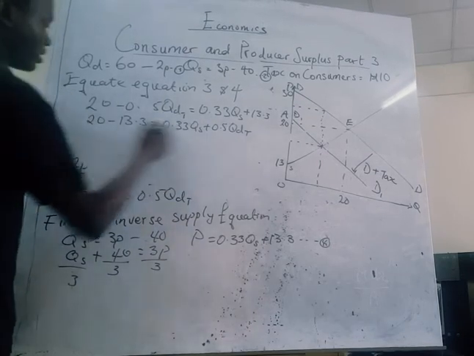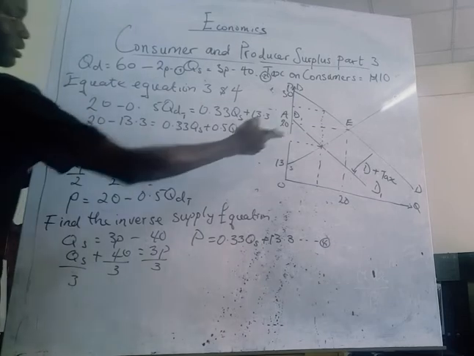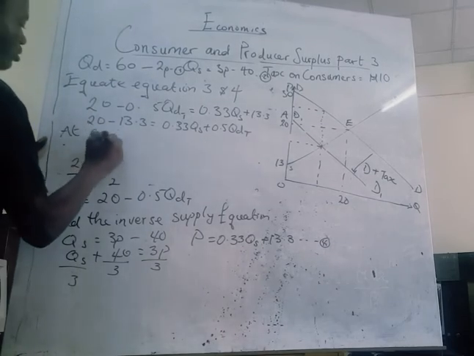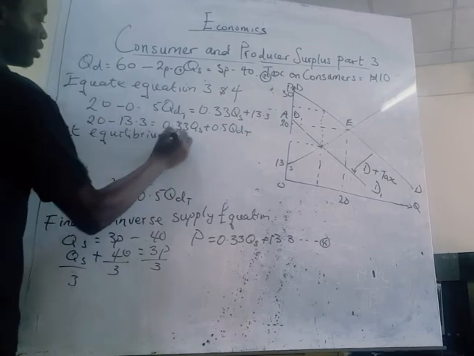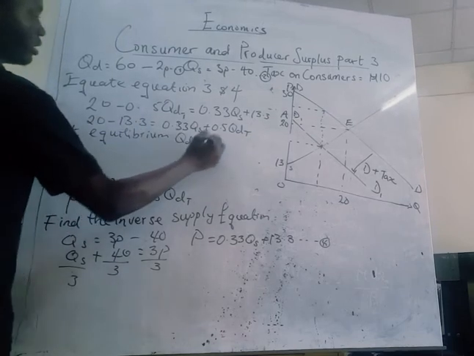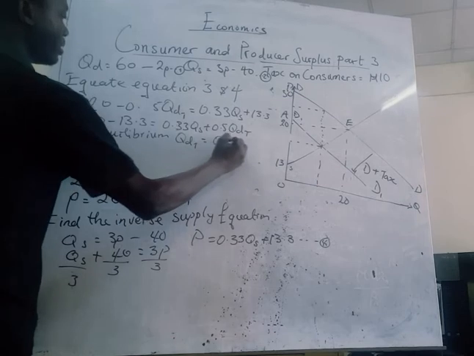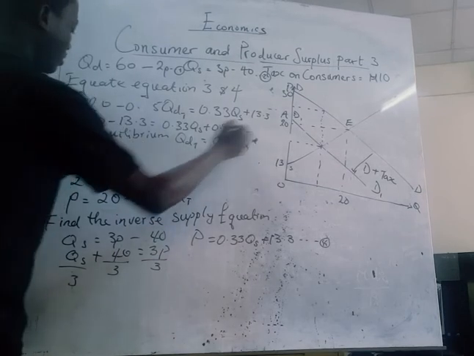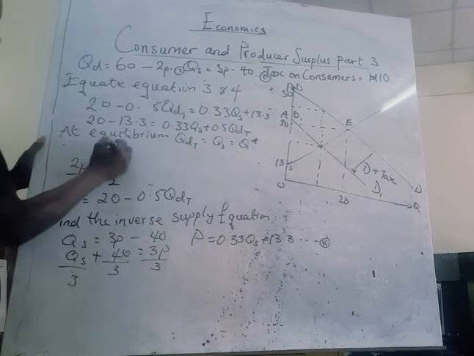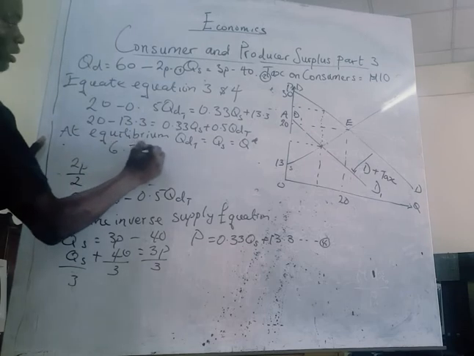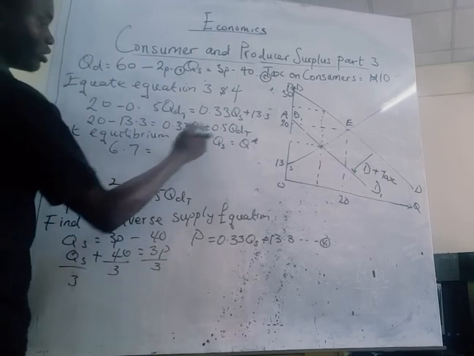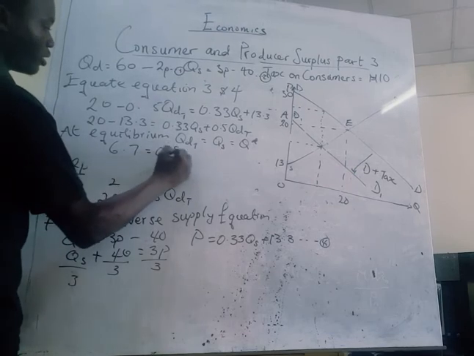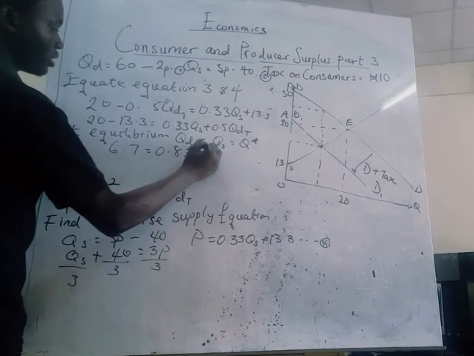At equilibrium, Qdt equals Qs, and that equals Q star. So we use Q star henceforth. We have 0.33 Q star plus 0.5, so that will give us 0.83 Q star.